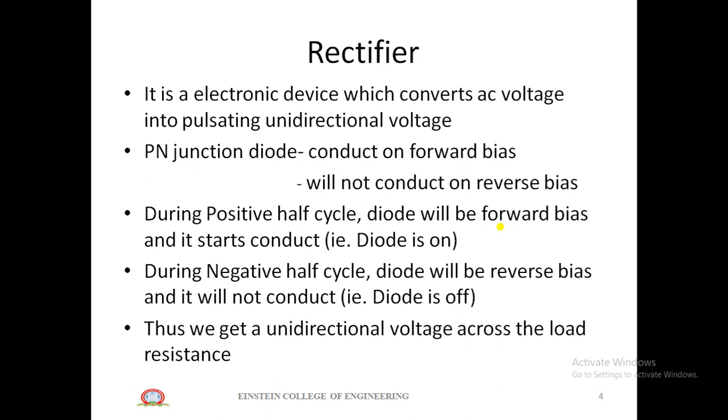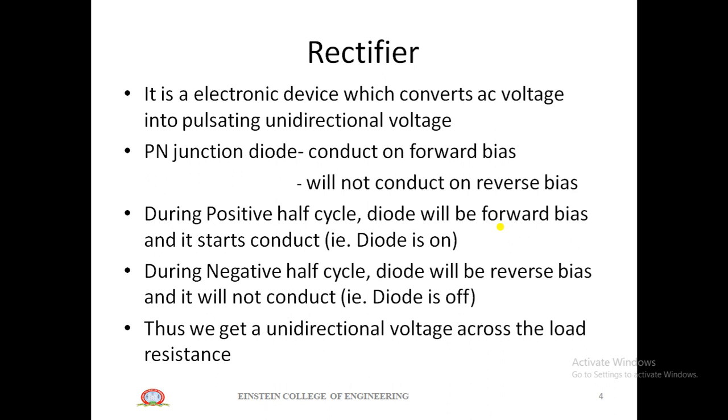Next is rectifier. Rectifier is an electronic device which converts AC voltage into pulsating unidirectional voltage. From the VI characteristics of PN junction diode, already we have studied, we can say it conducts in forward bias condition and it will not conduct in reverse bias condition.